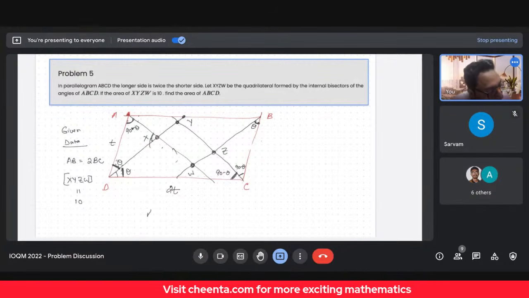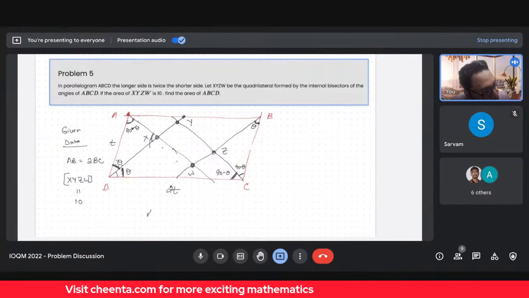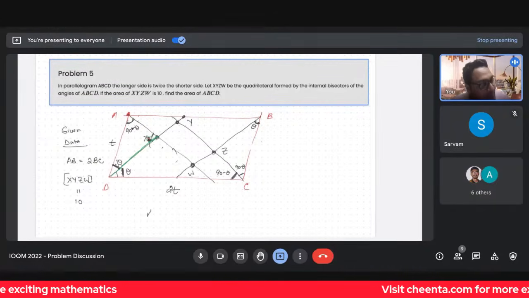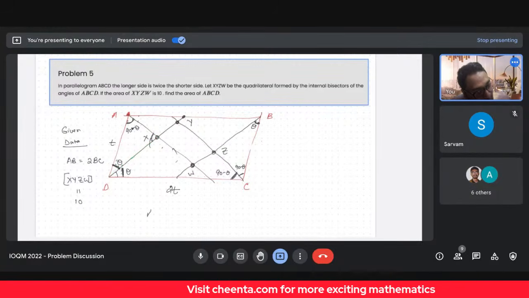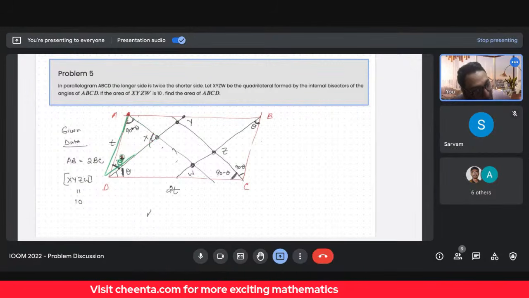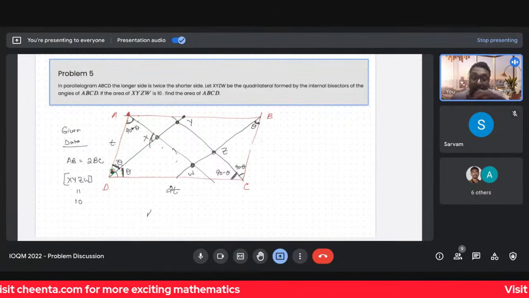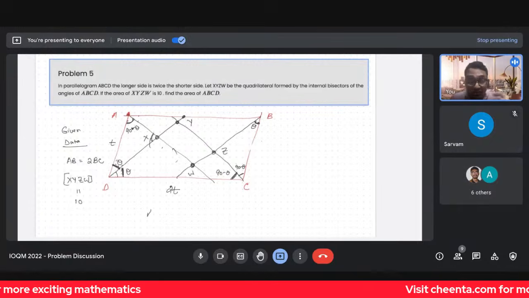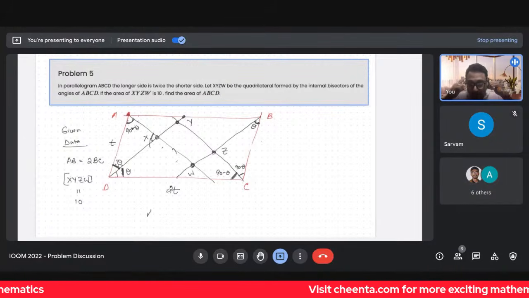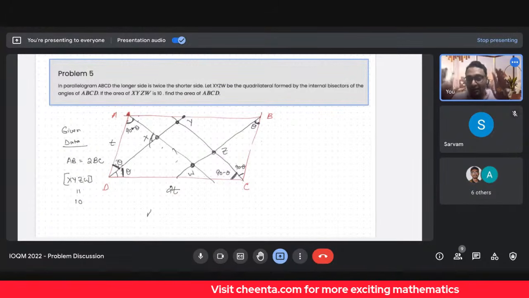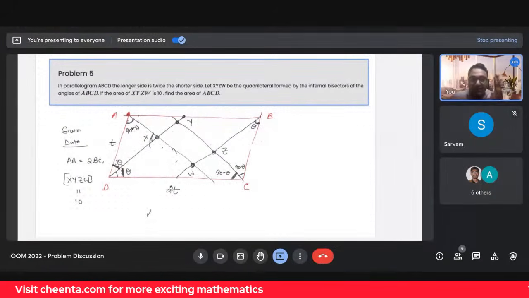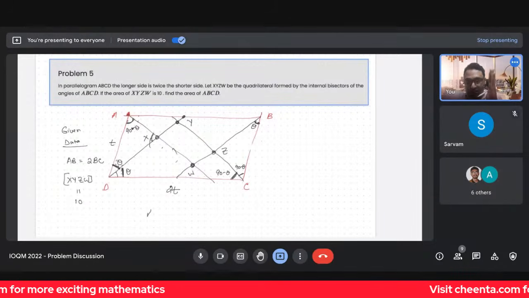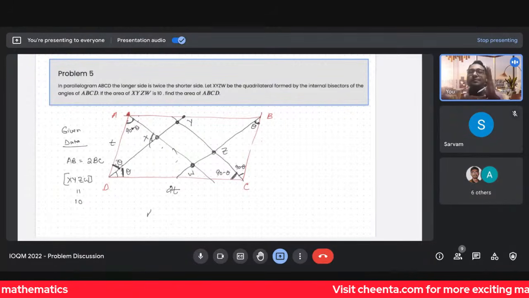See, DX, this is t cosine theta. Whenever you have a right angle triangle, where this is angle theta and this is the hypotenuse, you should think about the base and the height as projections of the hypotenuse. If you have seen this for the first time, think about it like this: whenever you see a right triangle, you should not think of them as base and perpendicular.